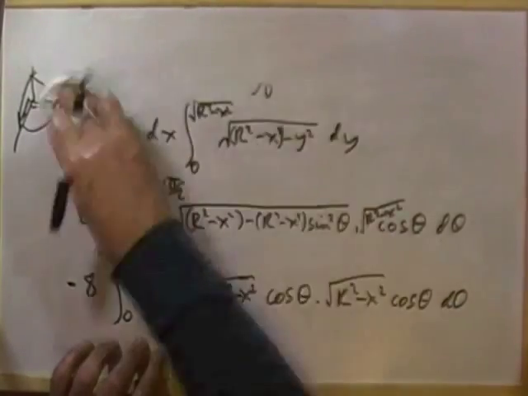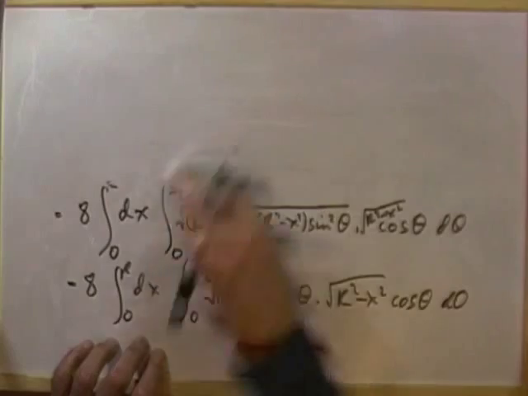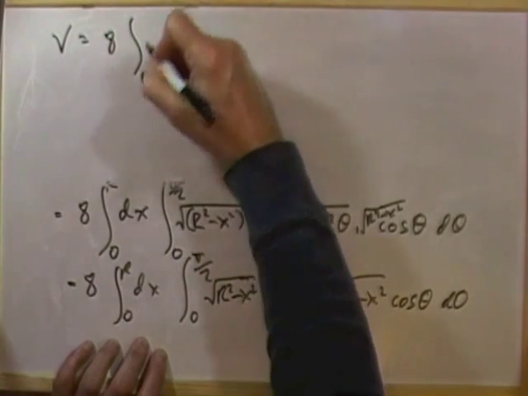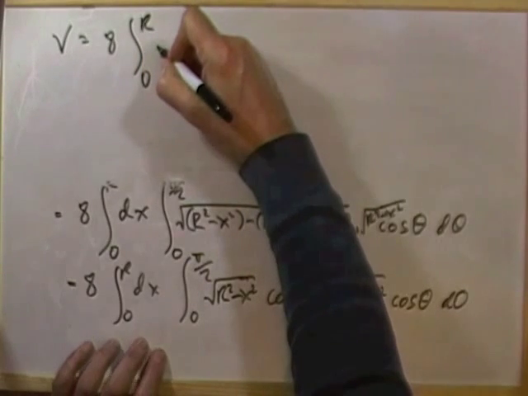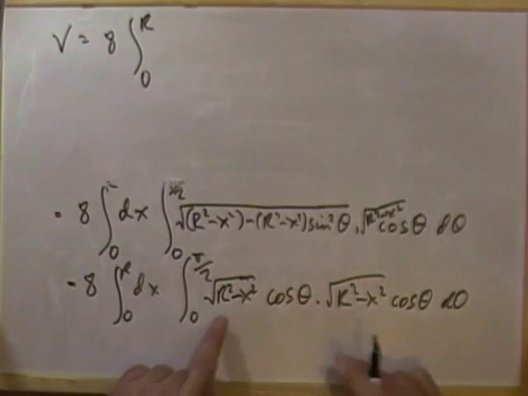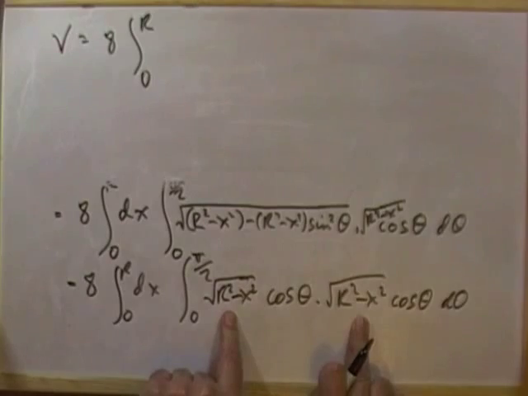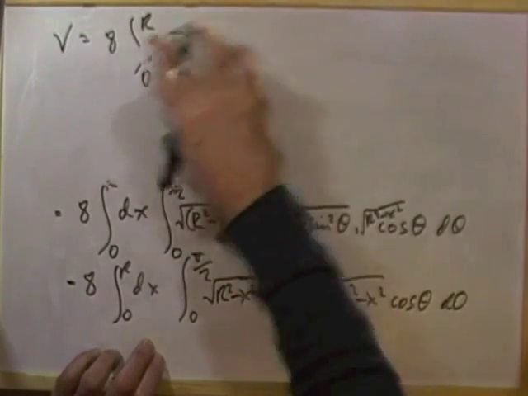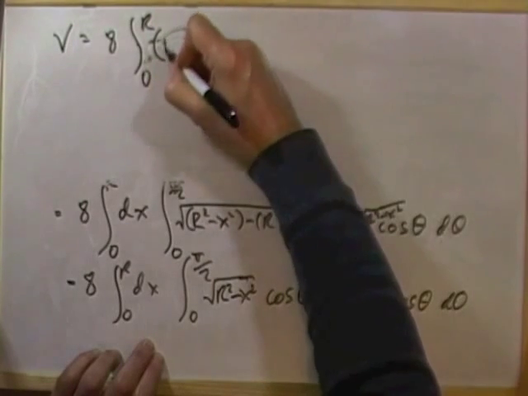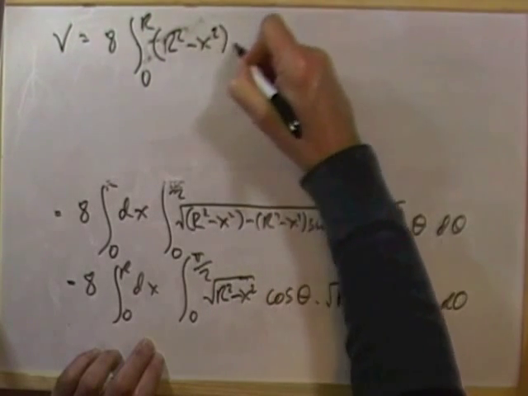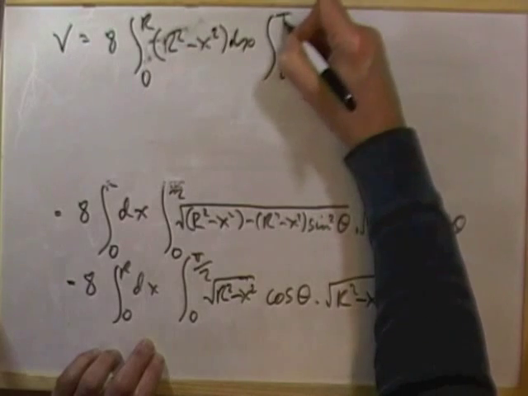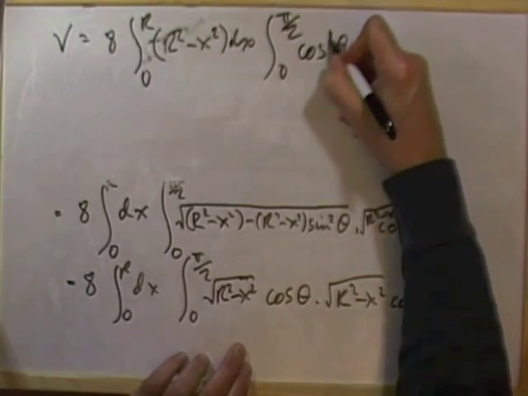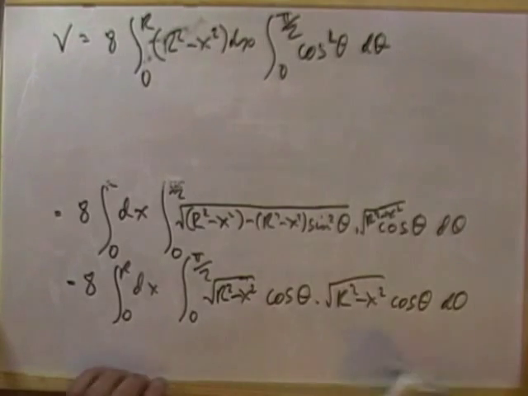So now the volume equals 8 times the integral from 0 to r, but that's a constant as far as theta is concerned, so that part could come out, and it's the square root times the square root, so it's r squared minus x squared dx times the integral from 0 to pi upon 2 of cos squared theta d theta.